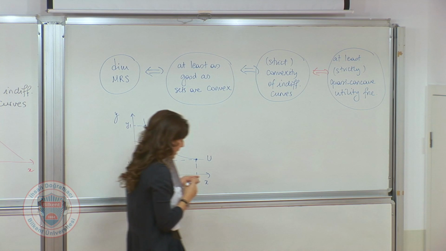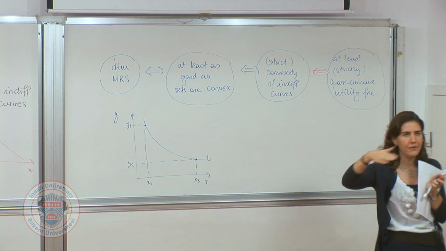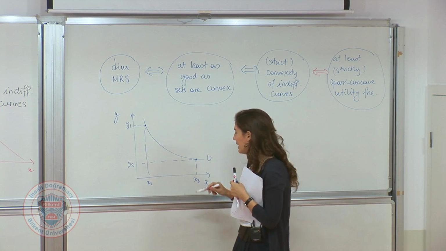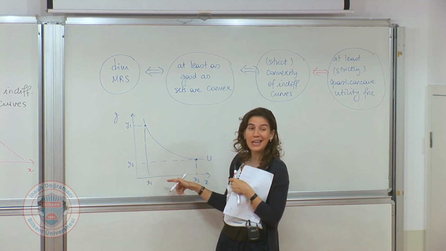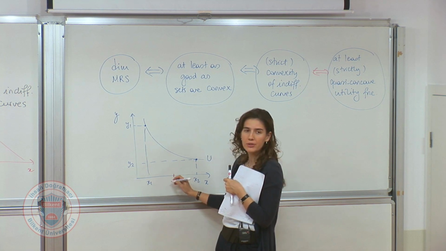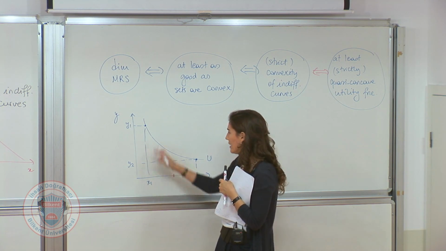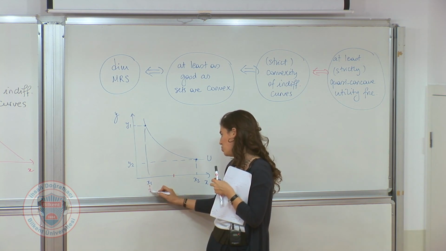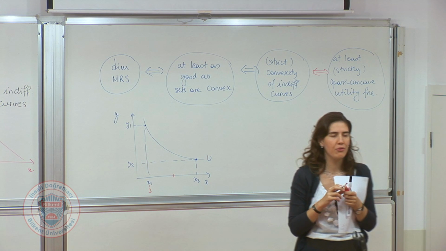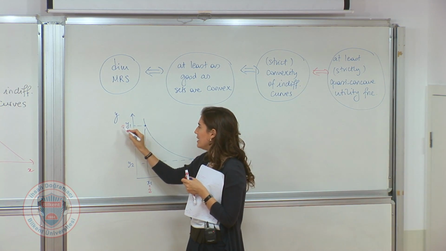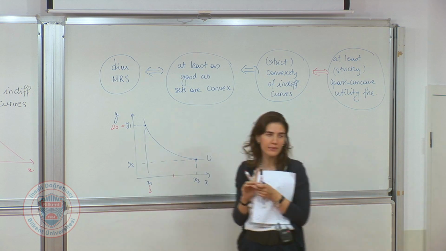Now, if this indifference curve has this nice shape, it means that when I take the convex combination of these guys, suppose I take the midpoint, right? You can think of it like this. Suppose you have 2 cans of Coke and 20 slices of pizza, okay?